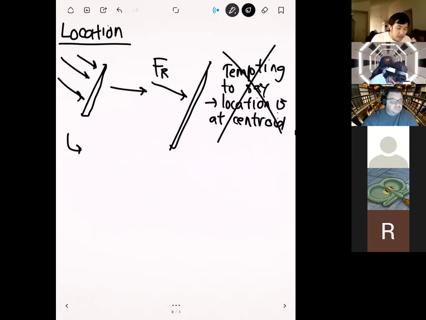What that means is that the parts of the surface that are at a deeper depth experience higher pressure than the ones above. And so the location of the hydrostatic force is always going to be slightly below the centroid.